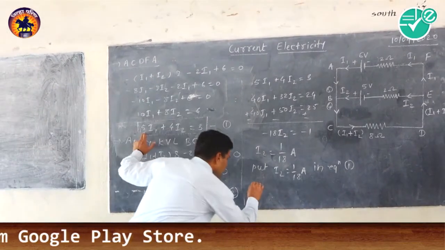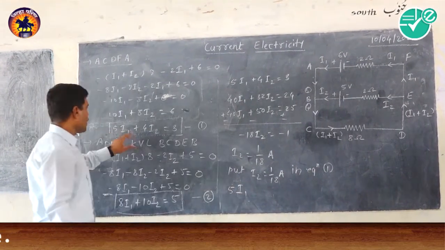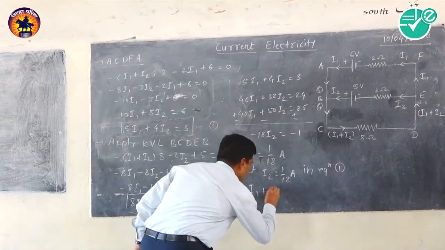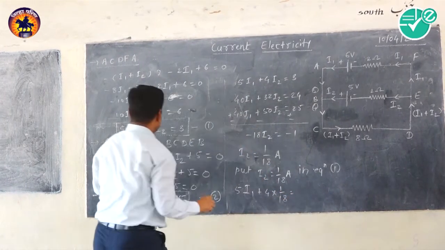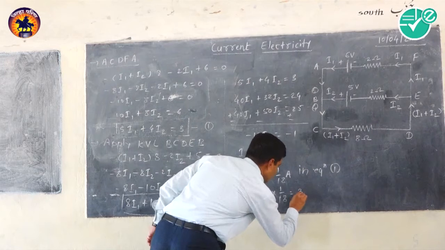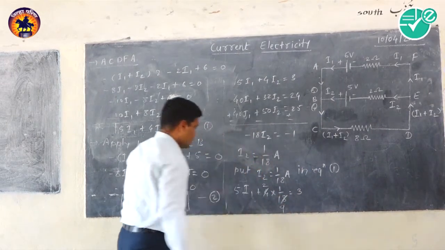So I will get 5I1 plus 4 into 1 upon 18 is equal to 3. So it will become 2 by 9.